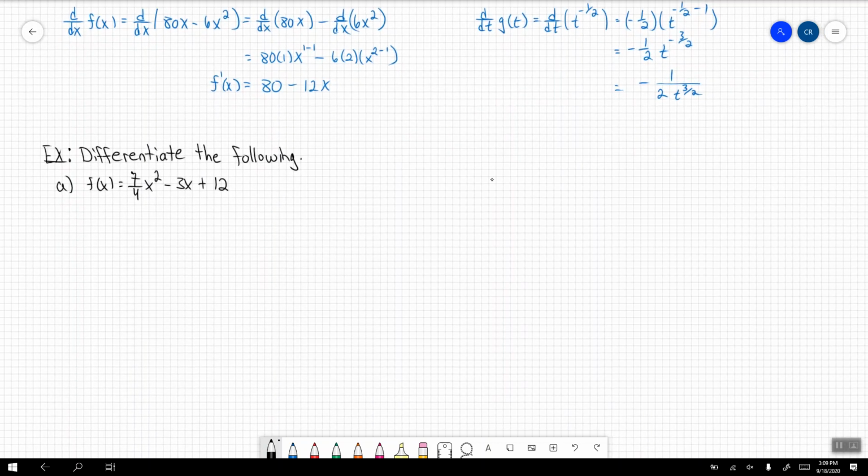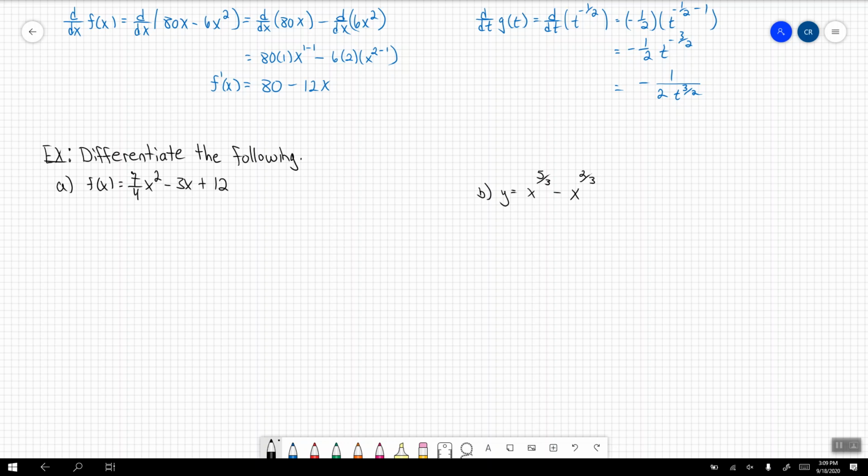We'll do part B on the right hand side. Part B is going to be y is equal to x to the power of 5/3 minus x to the power of 2/3.